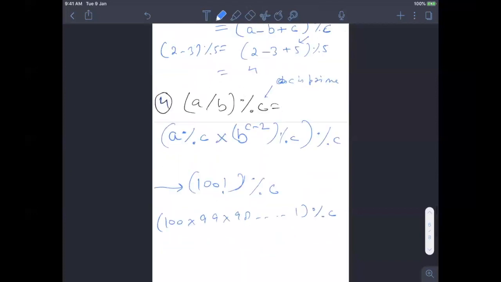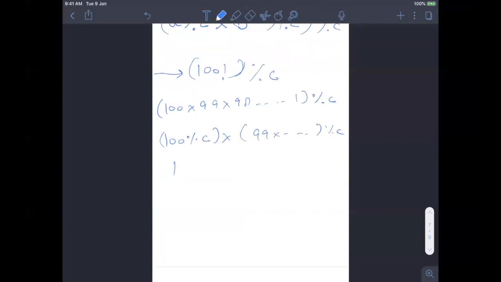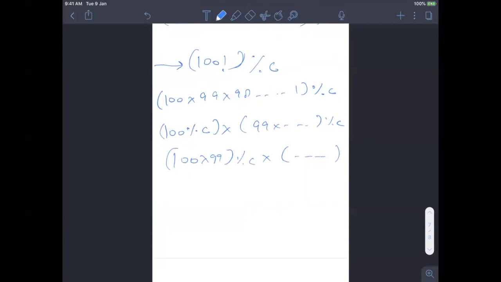I can write it like 100 mod C into the rest of the part. Now again I will take 99 out: 100 into 99 mod C into this part. So basically I'm just taking one number out.